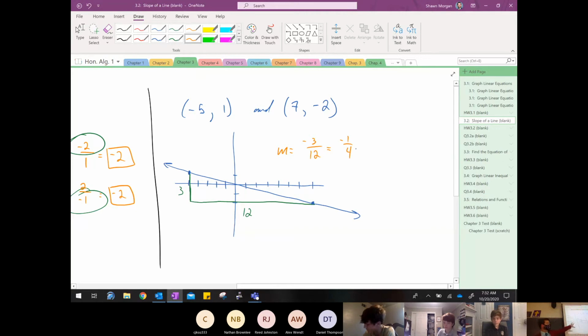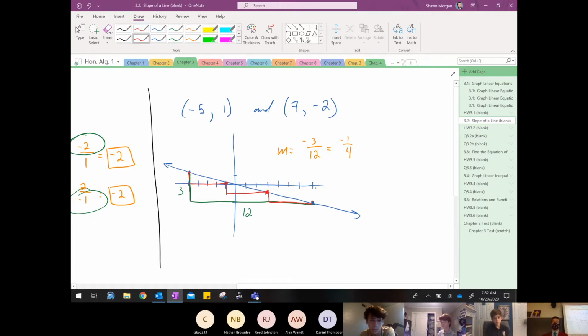Now, that's the reason I wanted to draw this one out. Again, this is kind of a long way around the barn, but it's a great visualization for simplifying your slope. Ow, just hit my podium. Here's what that looks like. Simplifying your slope from negative 3 over 12 to negative 1 over 4 means that I could have actually, watch this in red here, gone down 1 and over 4, down 1 and over 4, down 1 and over 4, and sort of stair-stepped it.